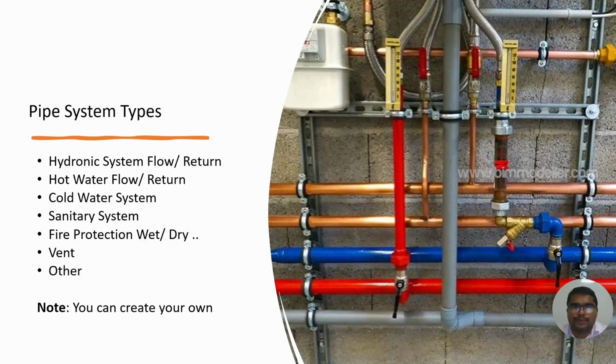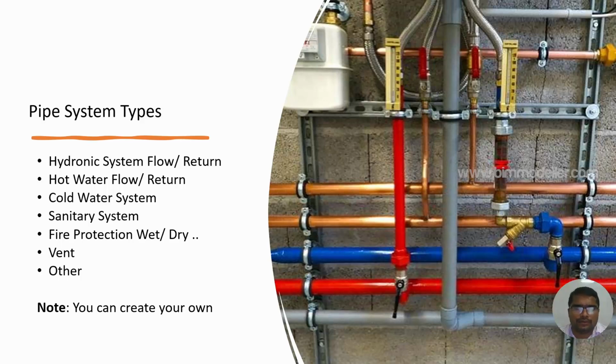What are the pipe system types available in Revit? This is about Revit. You have the hydronic system flow and return. You have hot water supply flow and return, and cold water, which these three are called domestic supplies, and flue, maybe sanitary water systems, fire protection water systems.